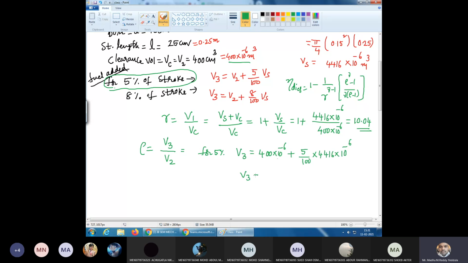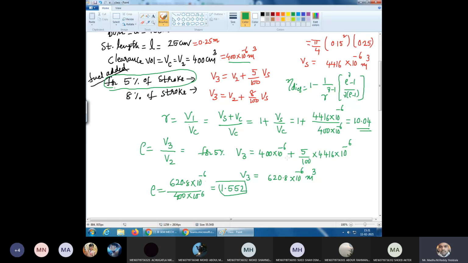So this V3 value is equal to 620.8 into 10 power minus 6 meter cube. Therefore rho is equal to 620.8 into 10 power minus 6 by V2, which is Vc, 400 into 10 power minus 6. So this value is equal to 1.552.